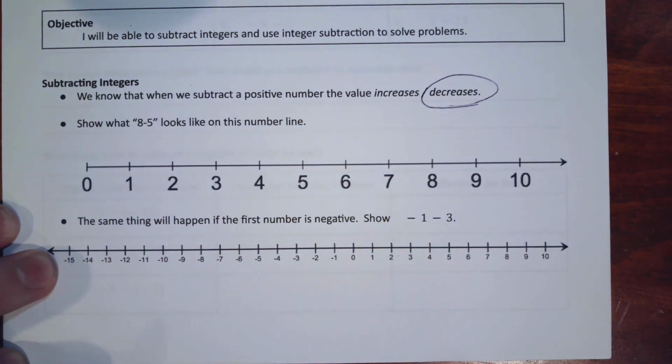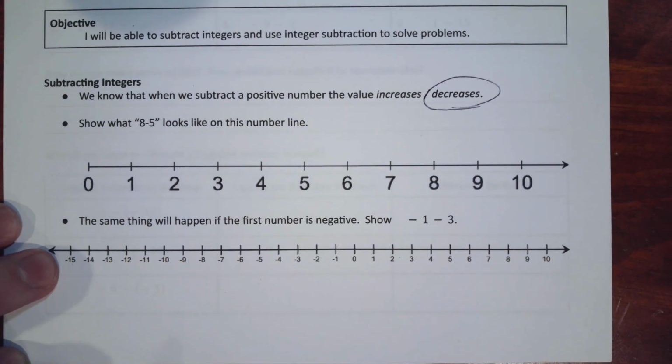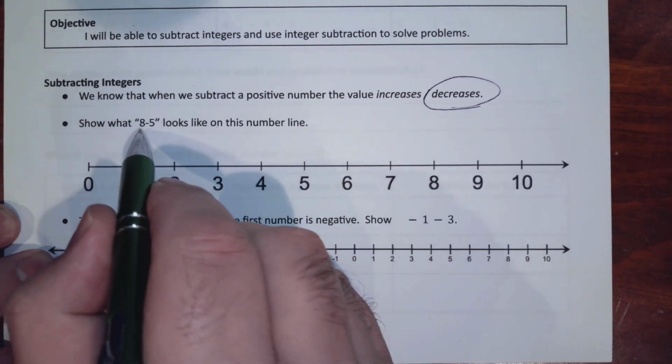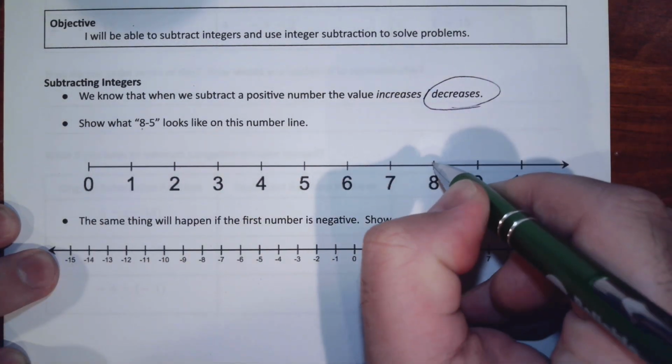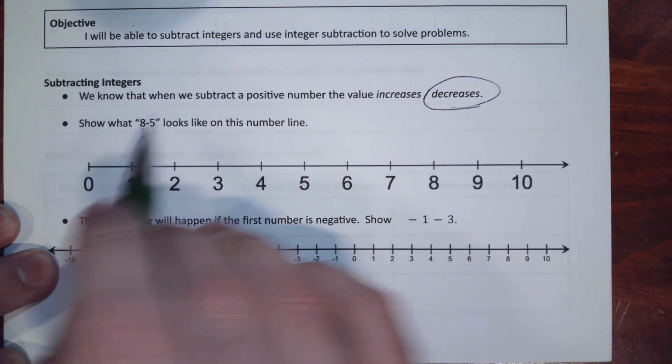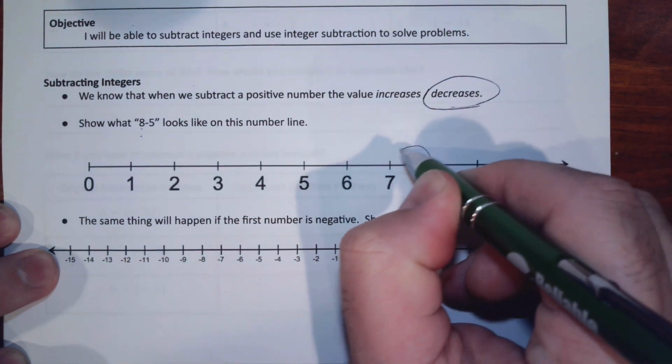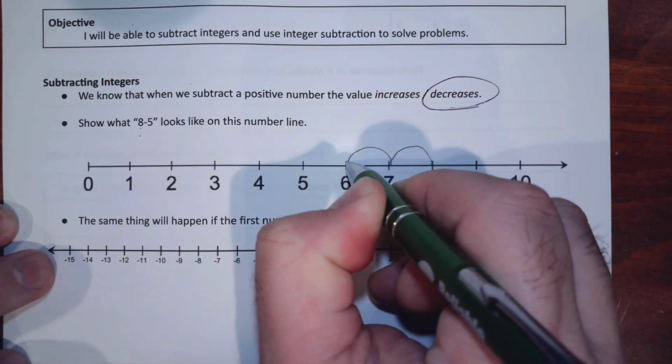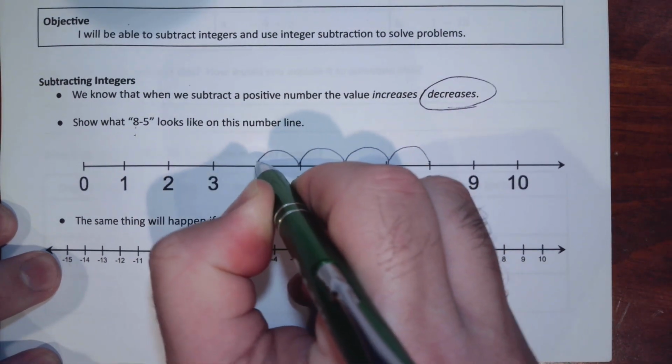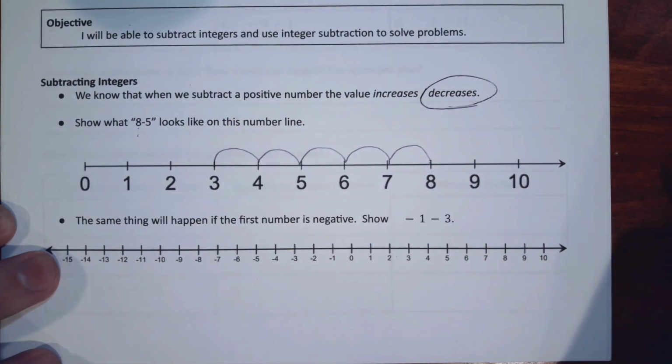What happens is that it decreases. To show what that looks like on the number line, we start with the first number. We start at 8, and then subtracting 5 means we go 5 steps, or 5 jumps, lower, and we end at 3.